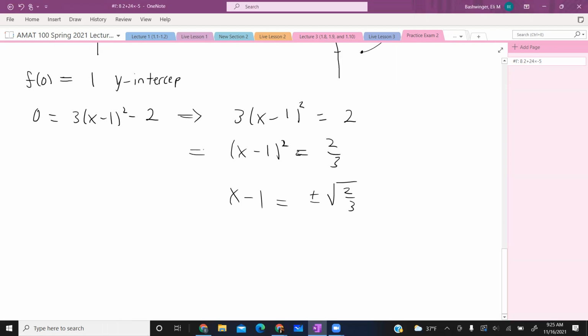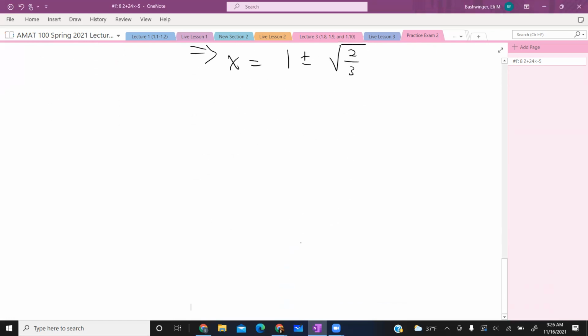And then I can add 1 to both sides. I get 1 plus or minus the square root of 2/3. So you have an x-intercept to the left and to the right of 1, basically. All right, so maybe that's enough to draw the graph.